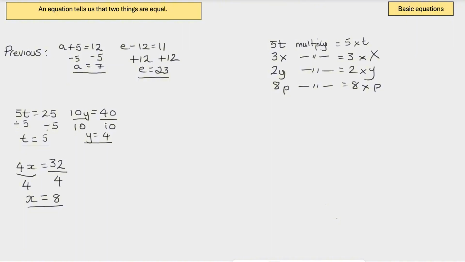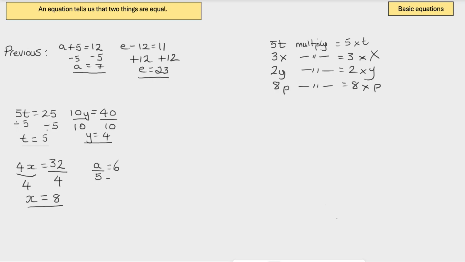So let's look at the division. Let's look at it a different way. So let's say a divided by 5 equals 6. Okay? Now, as this is a divide sum, we need to multiply.